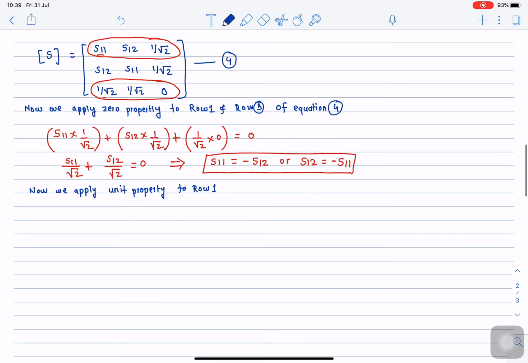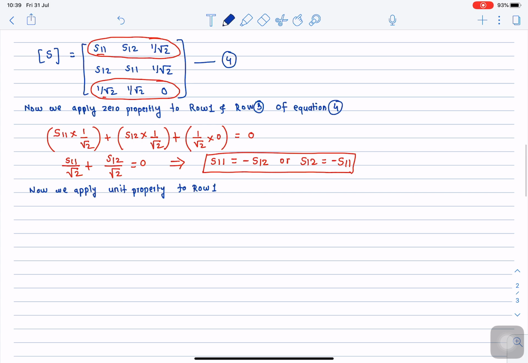So multiply each term with itself: S11 multiplied by S11, plus S12 multiplied by itself, plus the third term 1 by root 2 multiplied by 1 by root 2, is equal to 1, because it is the unit property.